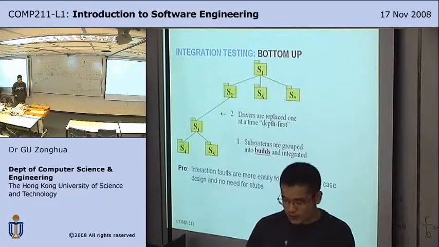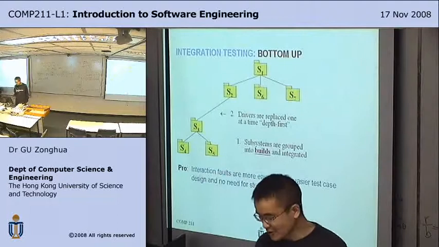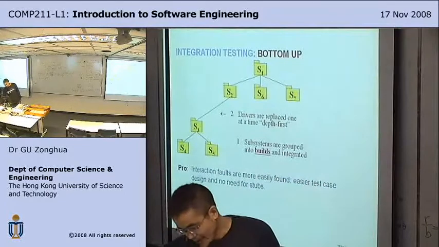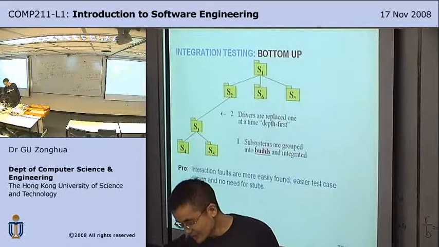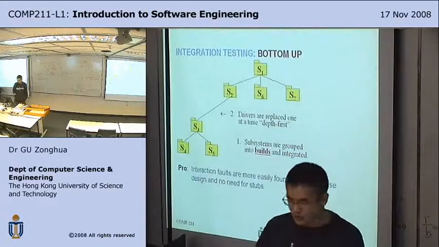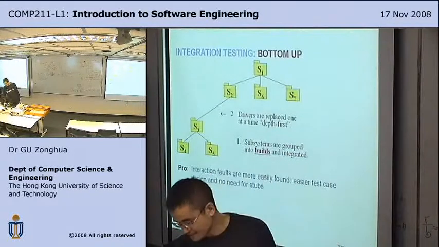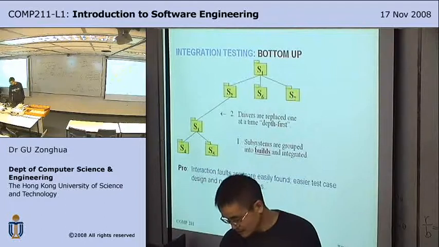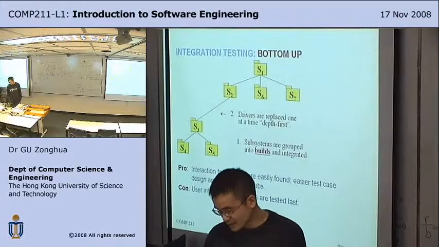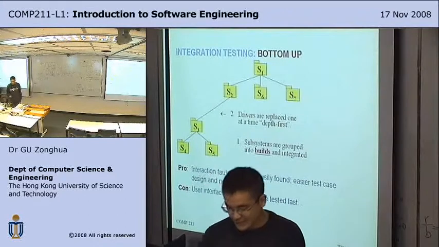So the pros are that the interaction faults are more easily found, and easier test case design, and no need for writing stubs. But you do need to write the drivers. And the cons are that the user interface components are tested last.